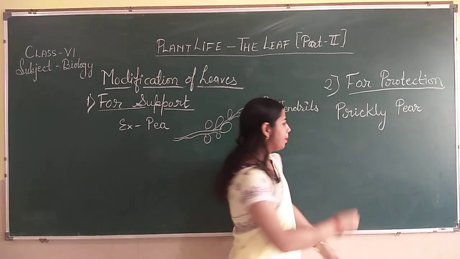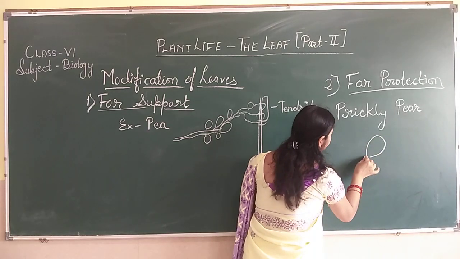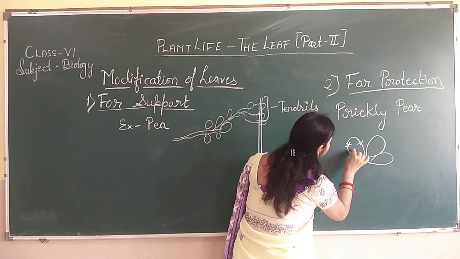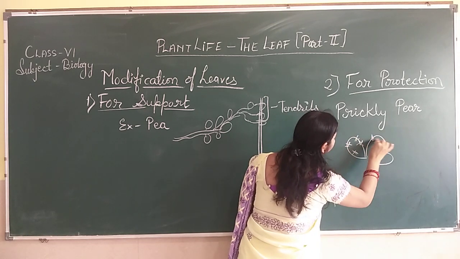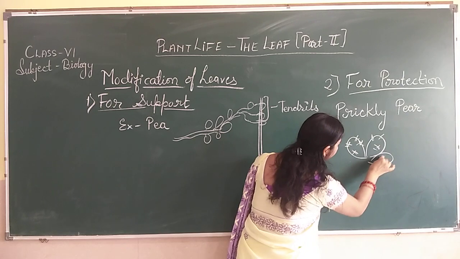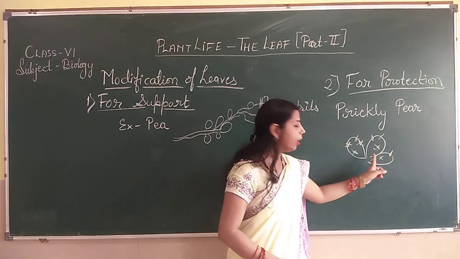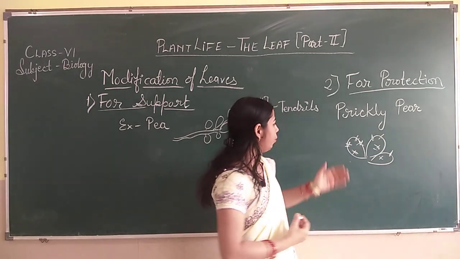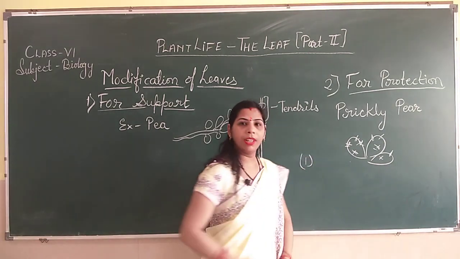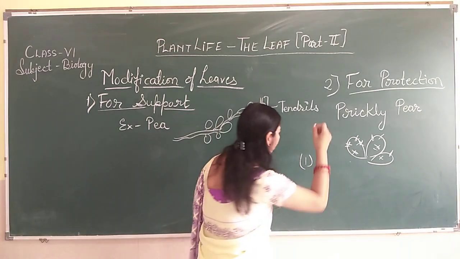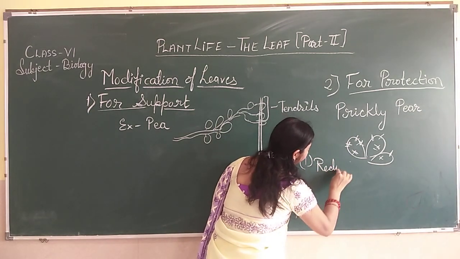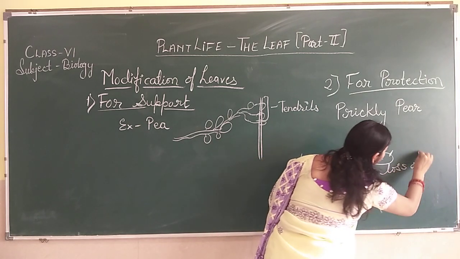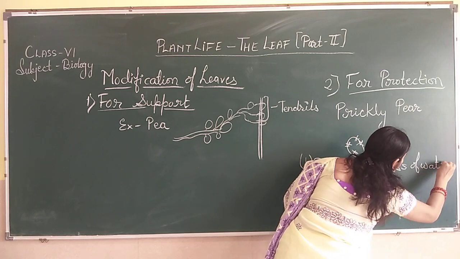In this prickly pear plant, the leaves develop spines on their margins. And what do these spines help with? They do two things. First, they reduce the loss of water.